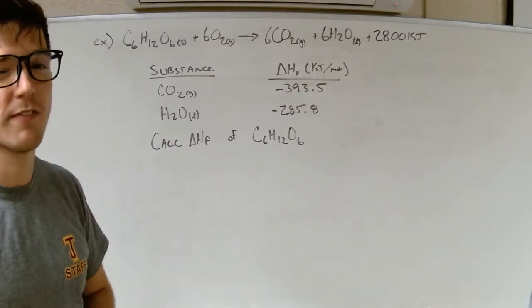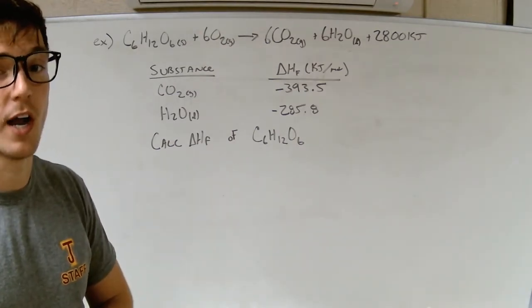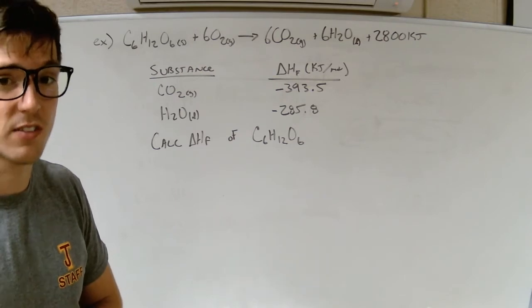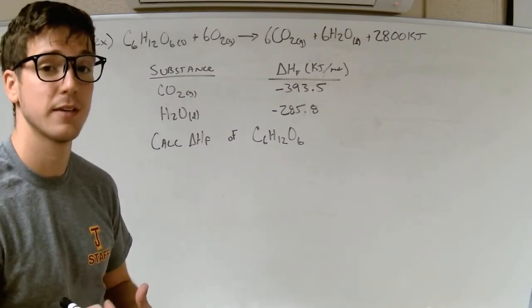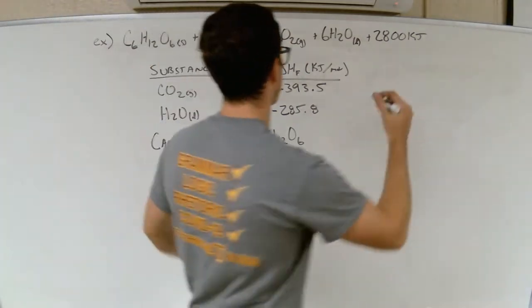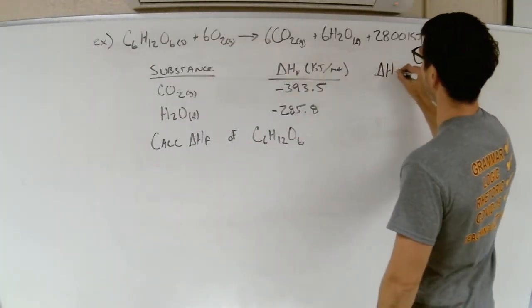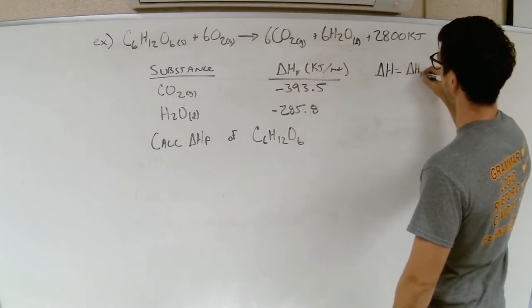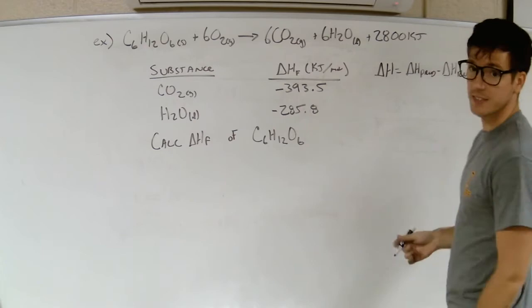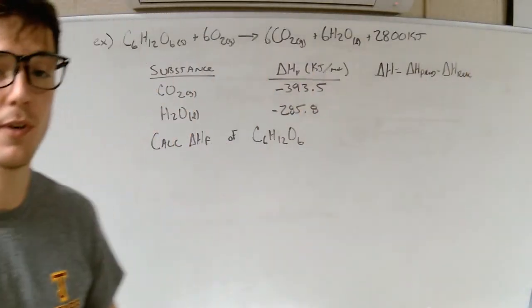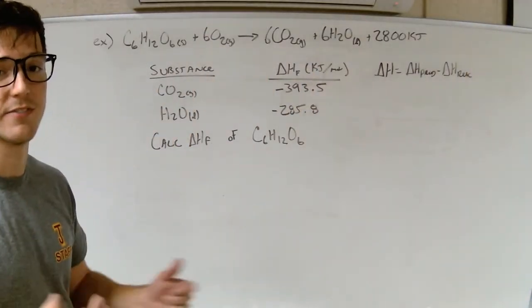I want you to find the enthalpy of formation for C6H12O6, which just happens to be one of our reactants. So once again, we are still doing delta H equals delta H of products minus delta H of reactants. But in this case, we don't have delta H of reactant. We need to figure that out.